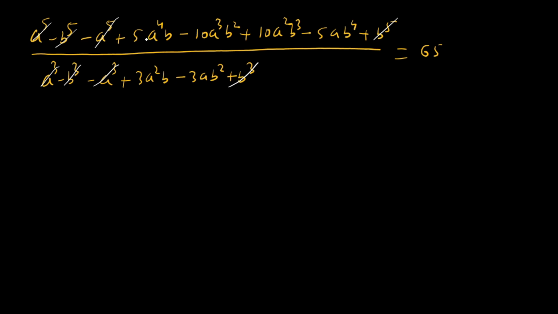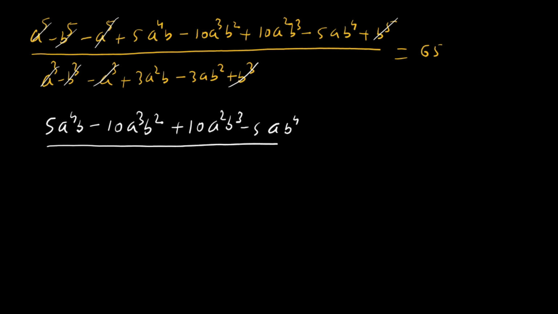In the numerator we have 5a^4 b − 10a^3 b^2 + 10a^2 b^3 − 5ab^4, divided by 3a^2 b − 3ab^2, and this is equal to 65.